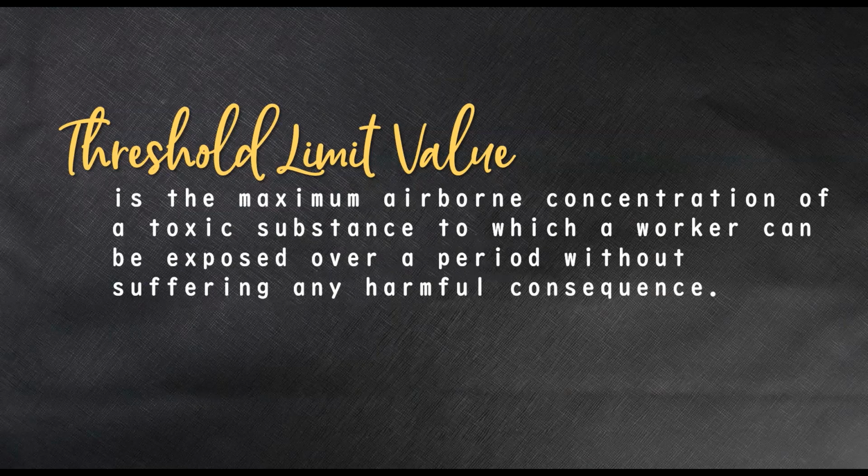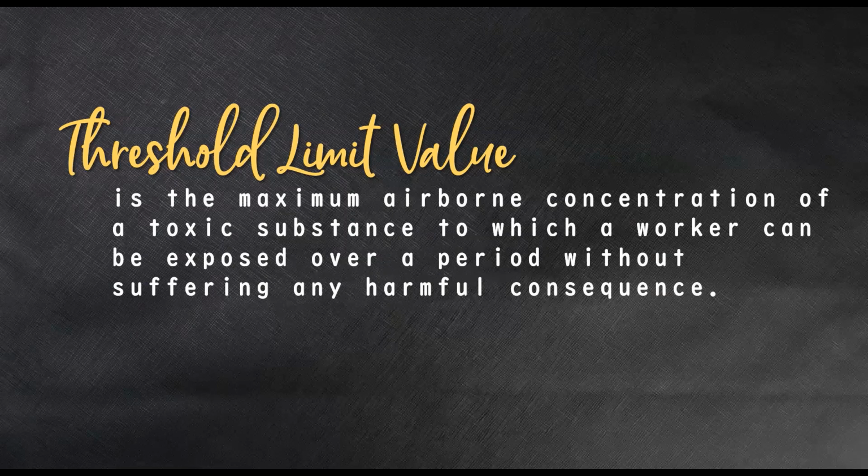So airborne chemicals, or chemicals that are highly volatile, for example, because they become airborne, have a threshold limit value. This threshold limit value is the allowable limit to which a worker may be exposed, so that the worker is safe. Okay? So that there are no adverse health effects that will result from the exposure.